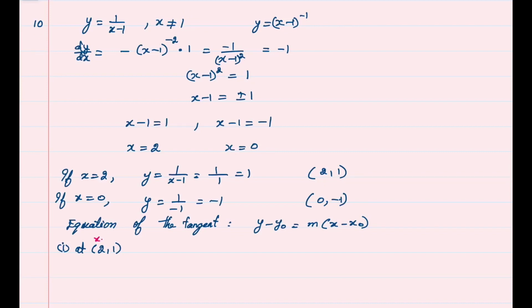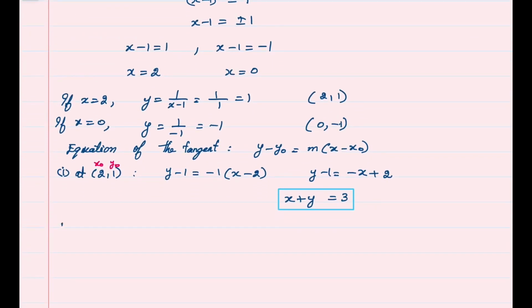This is (x0, y0), and slope of the tangent is minus 1. It is given in the question. y minus 1 is equal to minus 1 times (x minus 2). y minus 1 is minus x plus 2. Therefore, the equation of the tangent at (2, 1) is x plus y equal to 3.